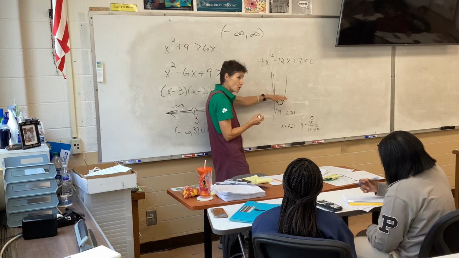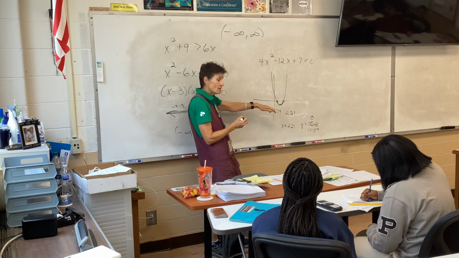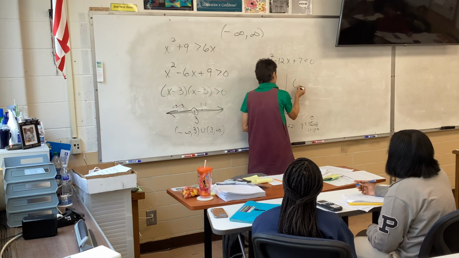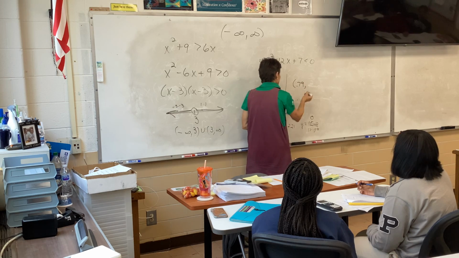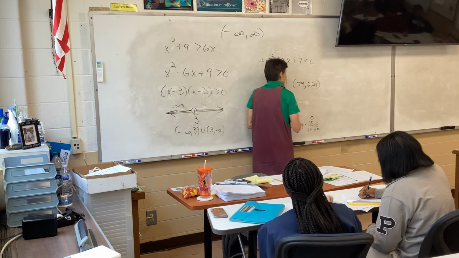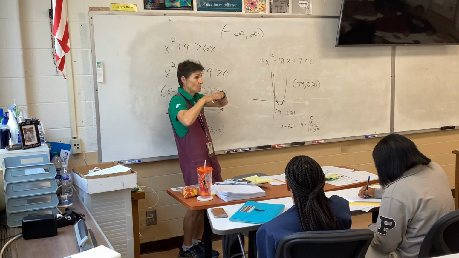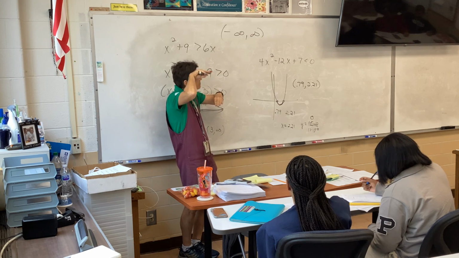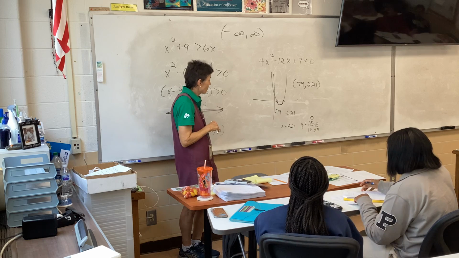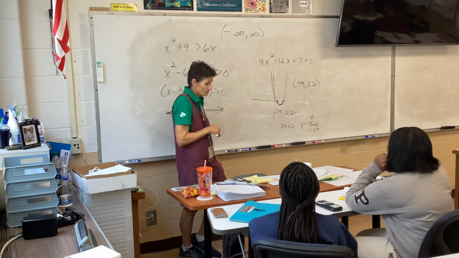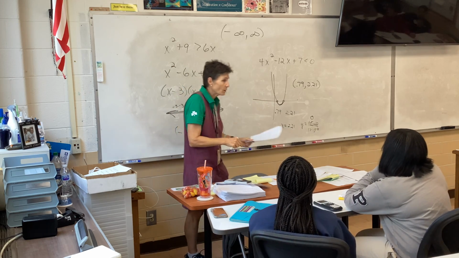That's where it's under the x-axis. So the answer to the problem is parentheses 0.79 to 2.21. That's where it's less than 0. Y is negative. Y is less than 0. Boy, that was pretty easy, wasn't it?